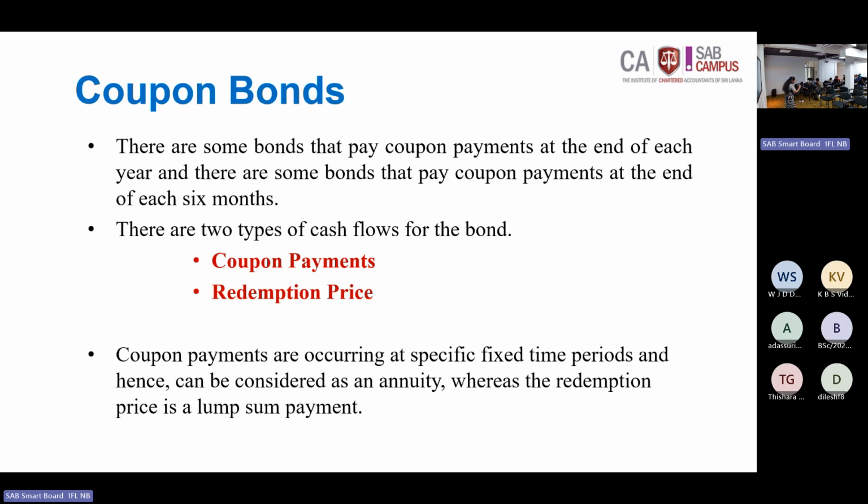Now, the second type of bond is the coupon bond, right? From the issuer's perspective, that means companies, again raising capital.